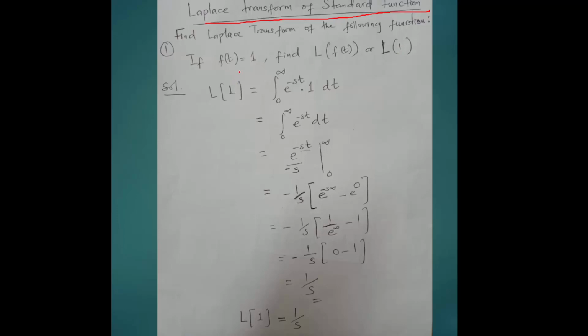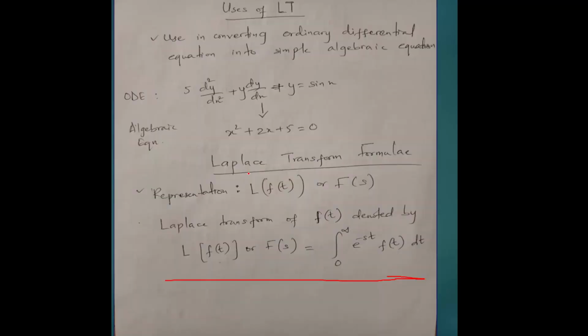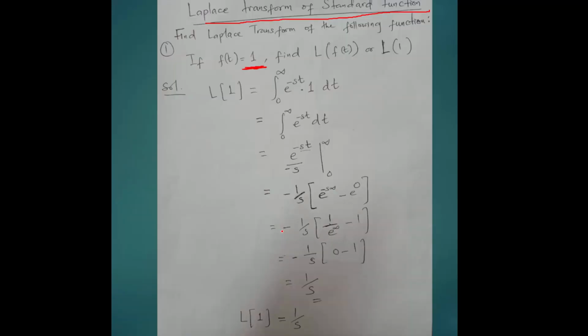So basically the question is to find the Laplace transform of function 1. So let us find the Laplace transform of 1 using the previous formula. Using this formula, we are going to find the Laplace transform of 1.